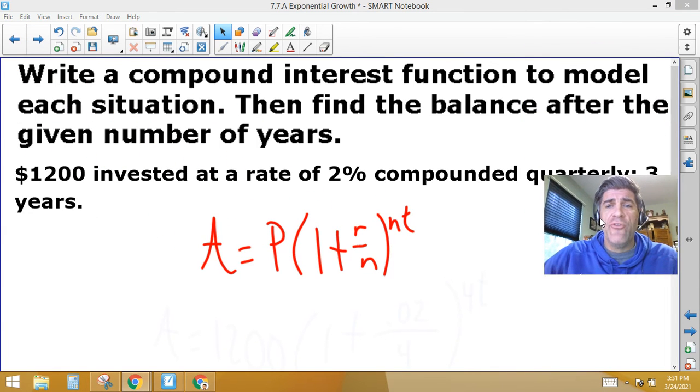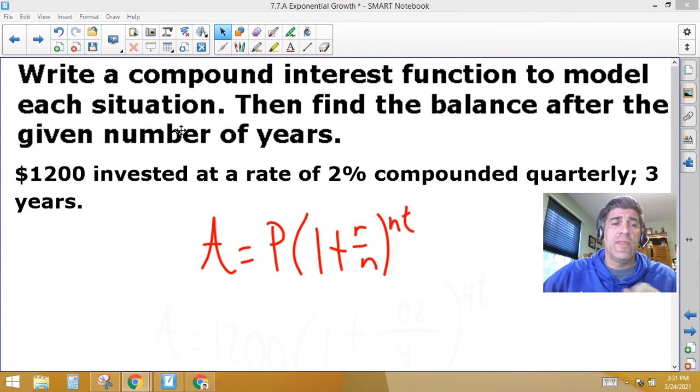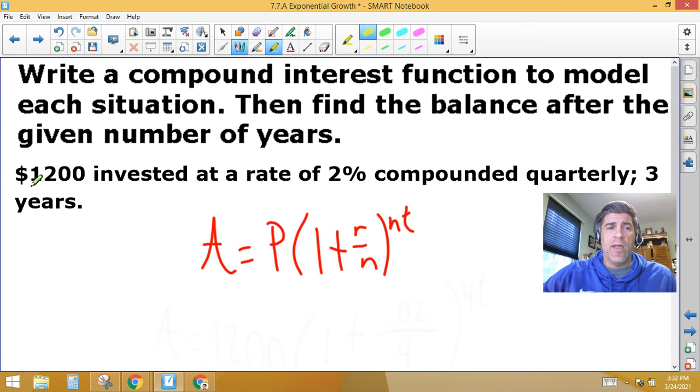So let's write a compound interest function to model this situation. Then find the balance after the given number of years. So here's my basic A equals formula. I'm just going to now identify all of the right parts. P, my 1200, is my principal, my initial amount. 2% is going to be my rate. It's compounded quarterly. Quarterly will be 4.